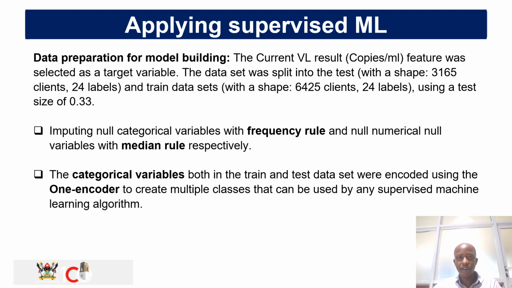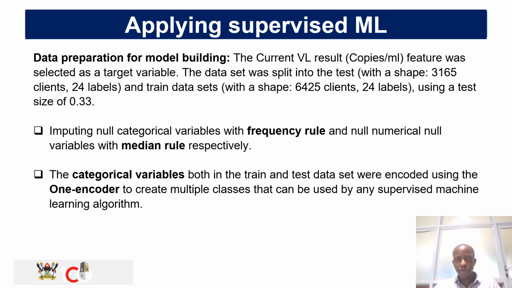So whereby we have the test data set and also the train data set, and you see that it has 24 labels for the train data set, and it has 6,425 clients, and also the test data set. Sorry, the test data set has 6,425 and 24 labels as well.